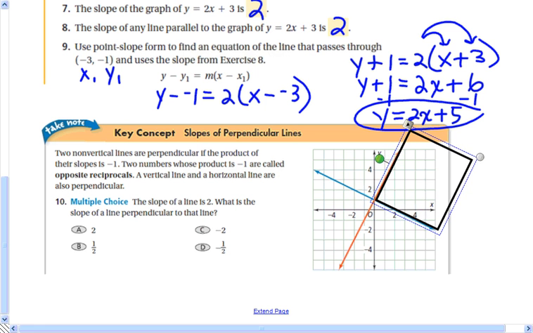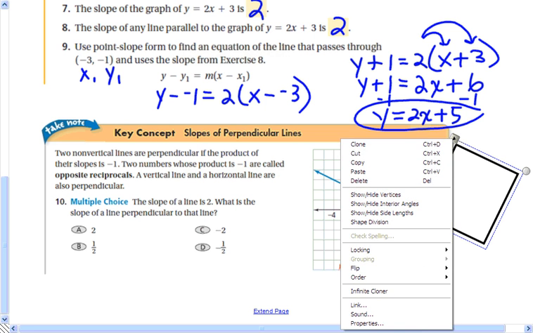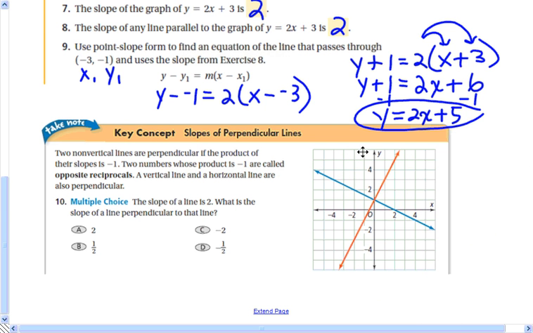Right there. Okay, and we know that because all the angles in rectangles are 90-degree angles. All right, so that's a 90-degree angle.